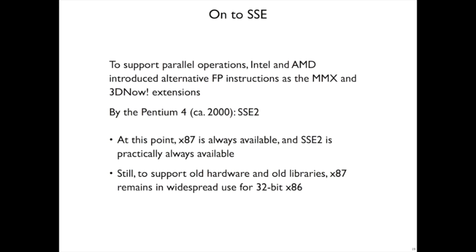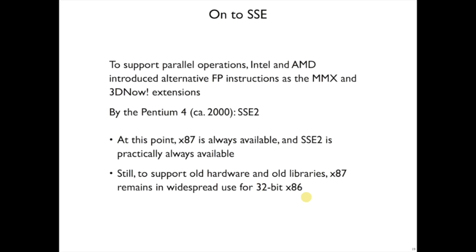So chips from 2000 or so going forward generally have SSE2 available, even though these instructions were originally written to give the kind of parallel operations we saw before, the add-p and mul-p. They've become the main way of doing floating point, at least in x86-64, where it's always available.